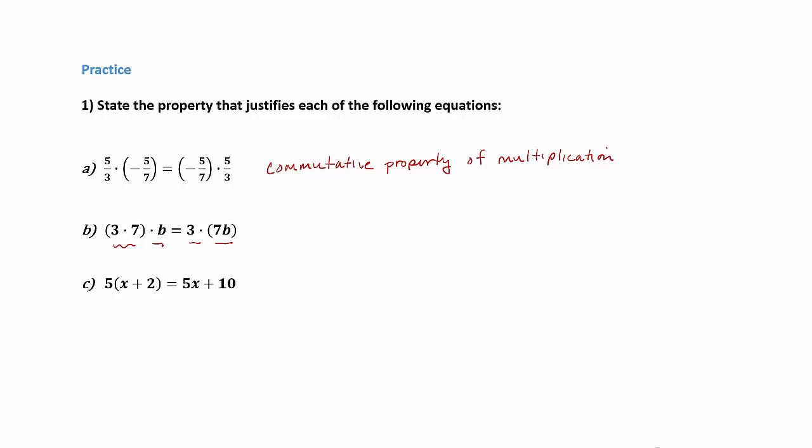It doesn't matter how we associate things, we'll still get the same product. So this is the associative property, and specifically of multiplication. And this last property is the distributive property. We're going to distribute this 5 through. We're going to say 5 times x plus 5 times 2. That's how you distribute something if it's sitting in front of those parentheses.